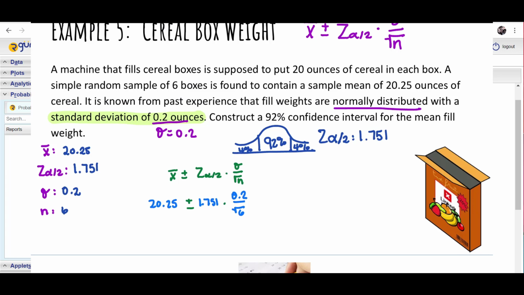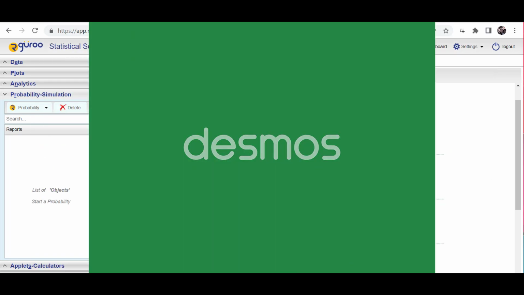Now, if you do this part here, 1.751 times 0.2 divided by square root of 6, that's going to give you the margin of error. And then you can add and subtract that number from 20.25. I'm just going to show you. Let me click on a calculator here. Just kind of the way I approach it.